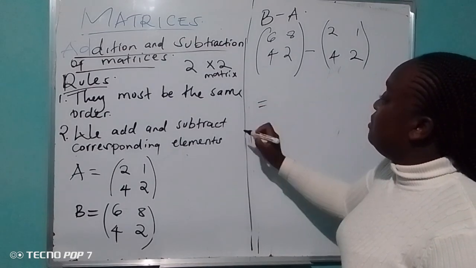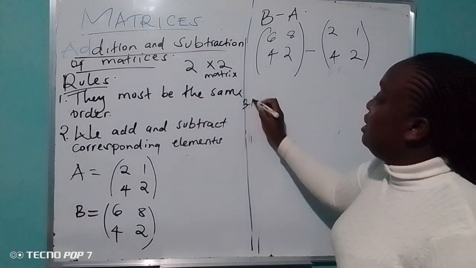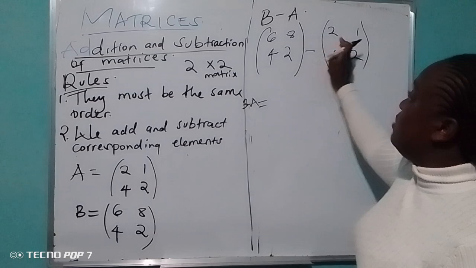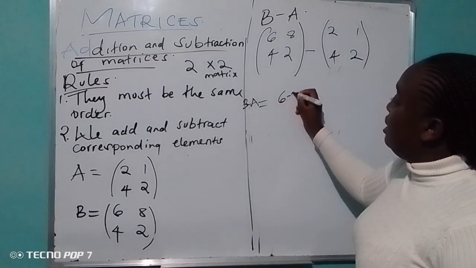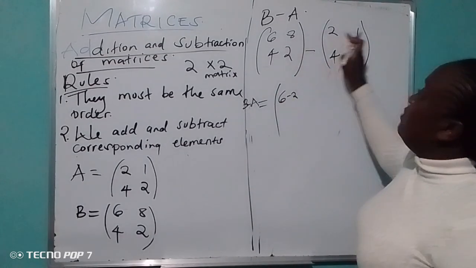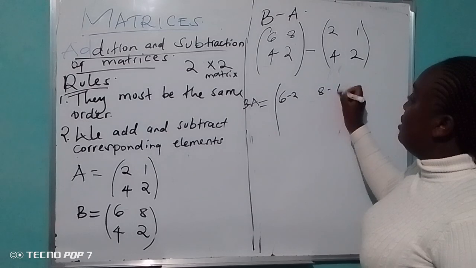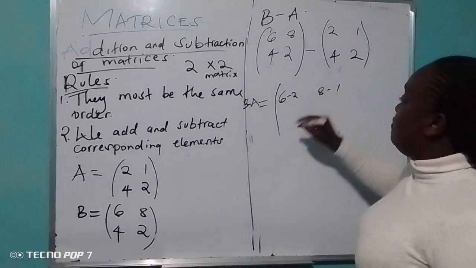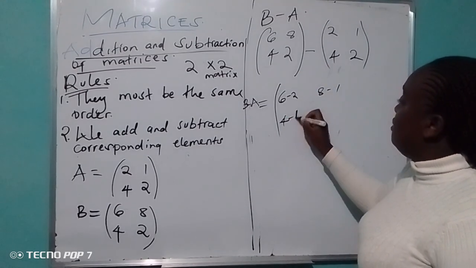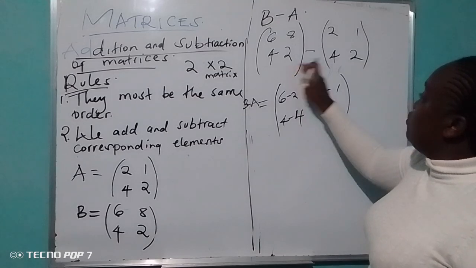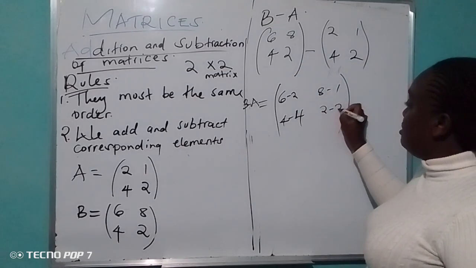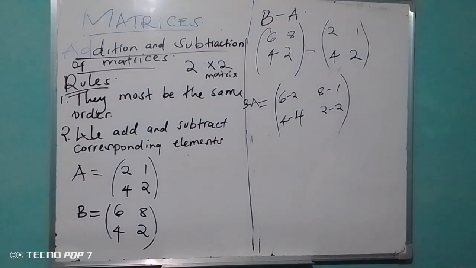So B minus A is 6 minus 2, 8 minus 1, 4 minus 4, then 2 minus 2. So that is how we do it.